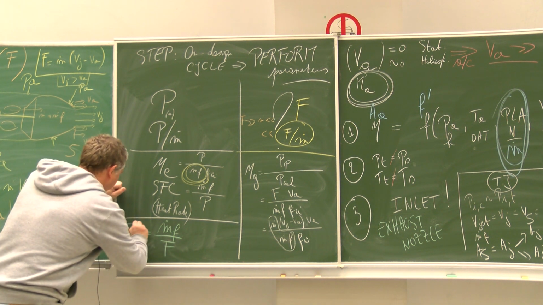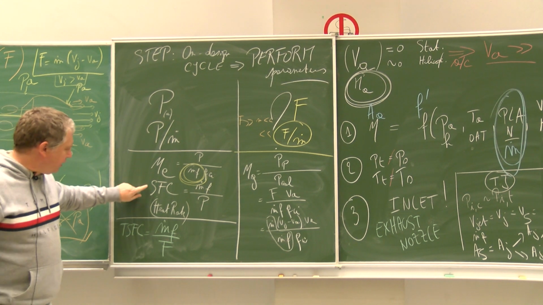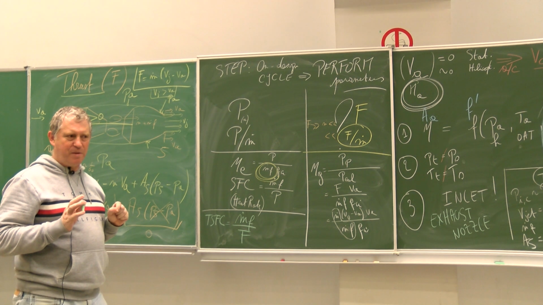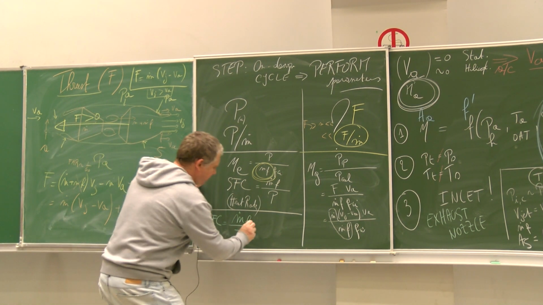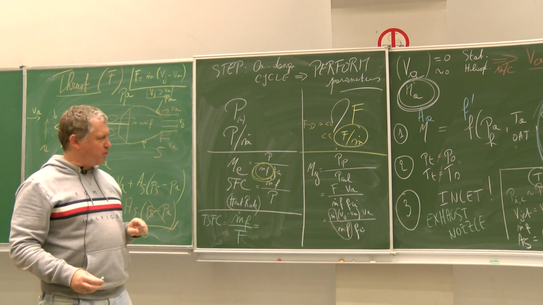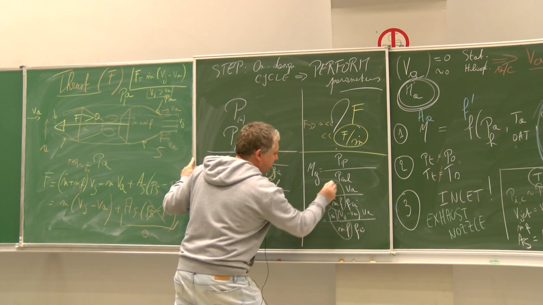And this is what is called the TSFC, in order to show you that we have a specific fuel consumption that is based on the thrust. And of course, this parameter is related to this one, because you see that the TSFC is here.